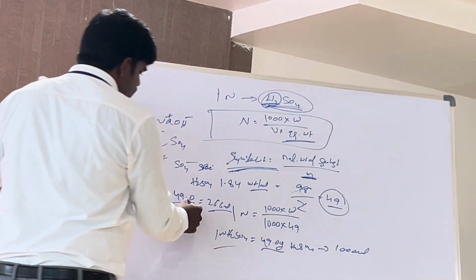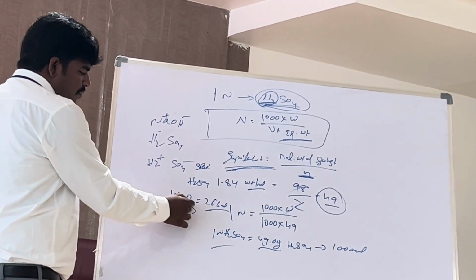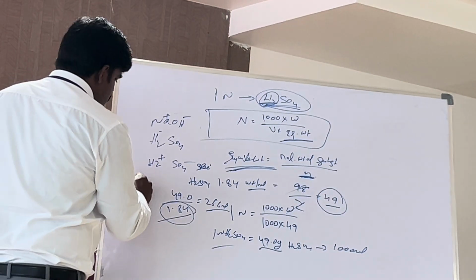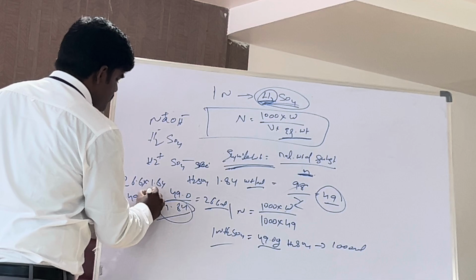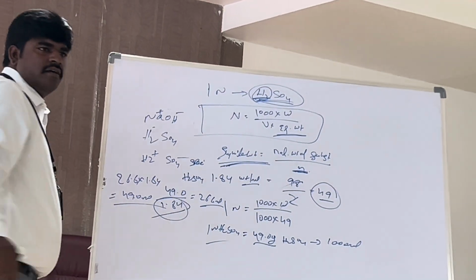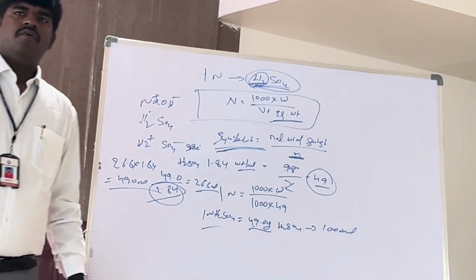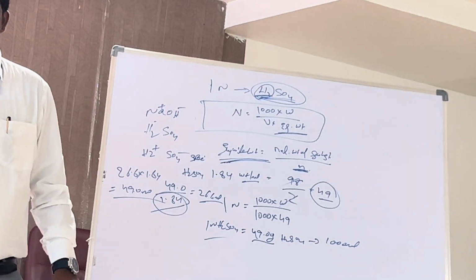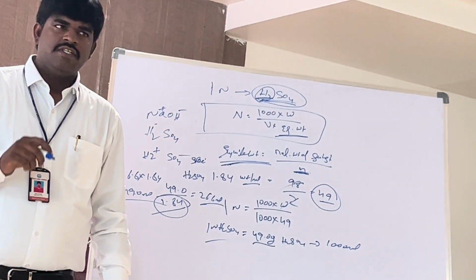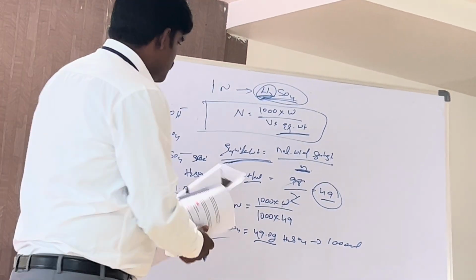Here we divided by 1.84, so 26.6 into 1.84 gives you 49 grams. Whenever you want to convert solid to liquid or liquid to solid, you always require the weight per ml value. This is the basics. Any doubt?